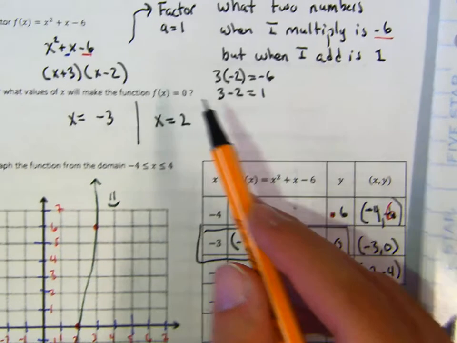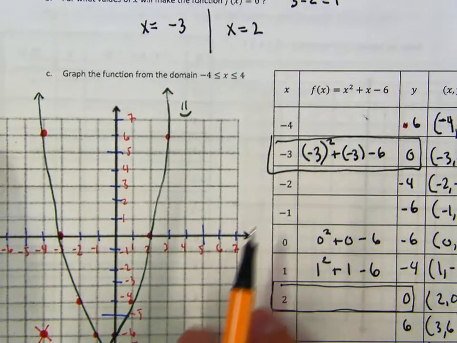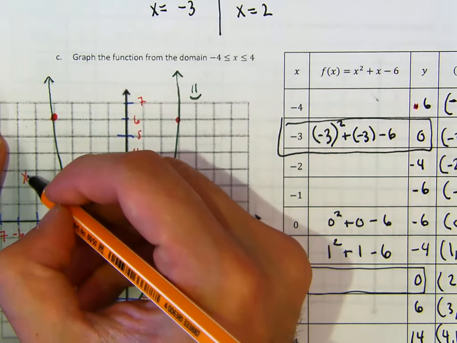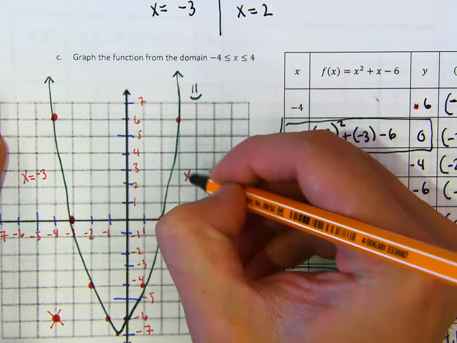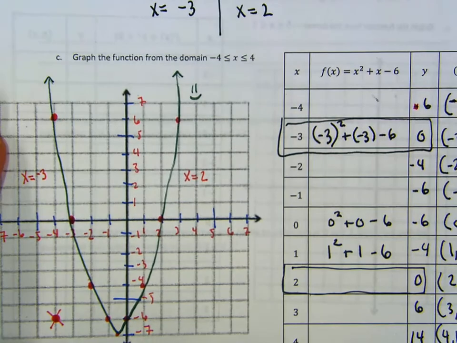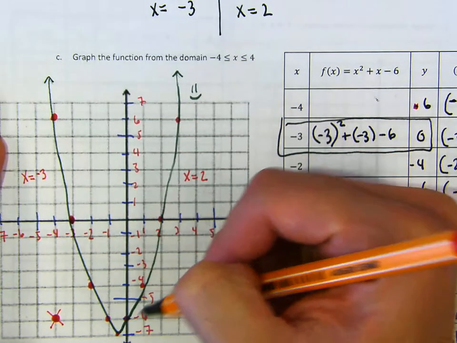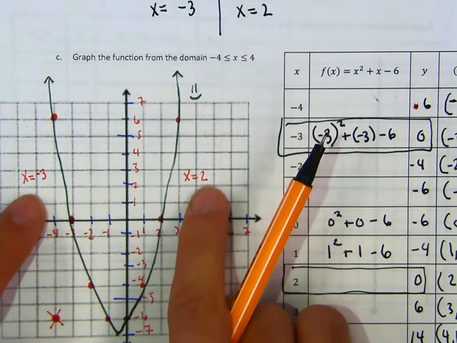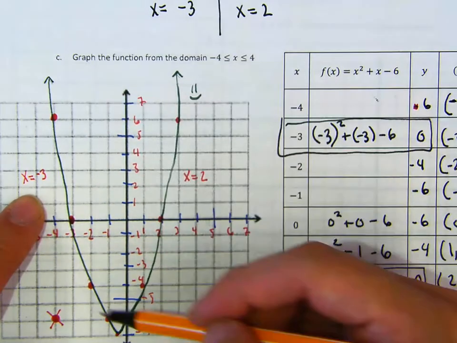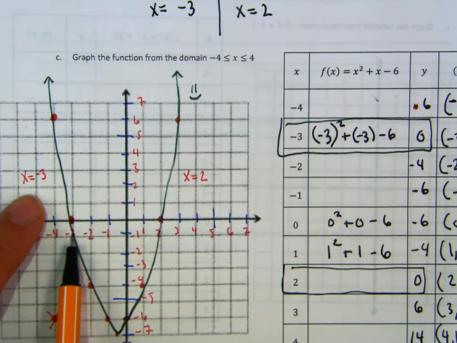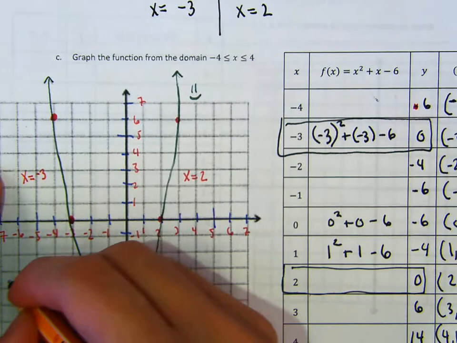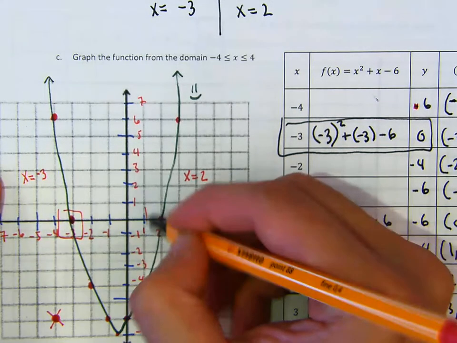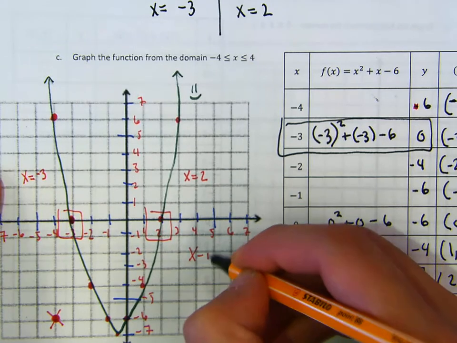But what does it represent on the graph? You see here, when I have x equals negative 3 and x equals 2, if I have the parabola over here, what is the connection between the solutions and its graph? It represents the x-intercepts.